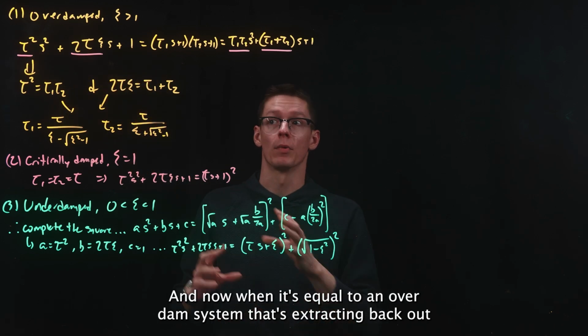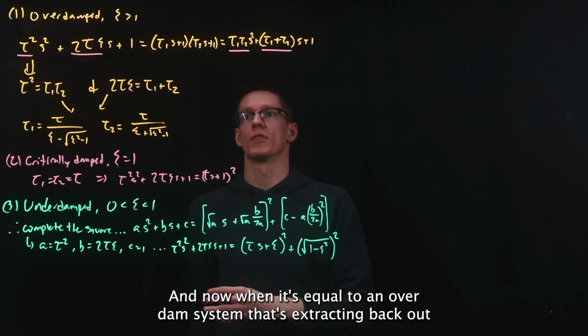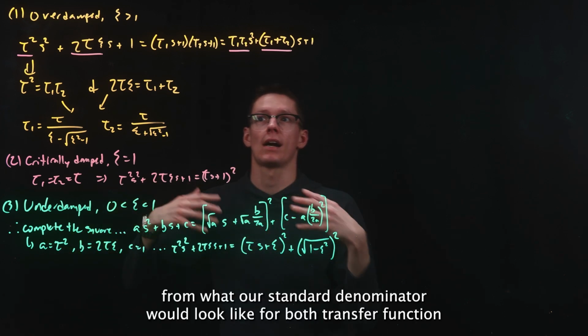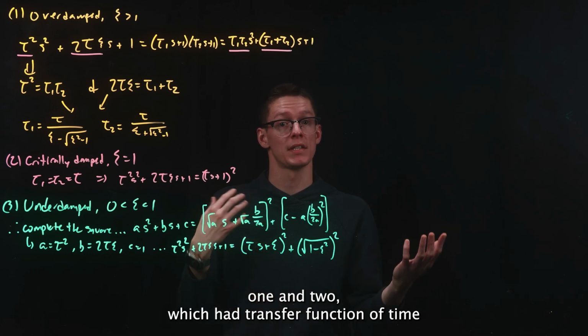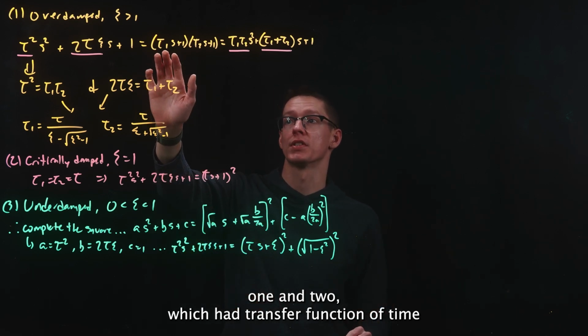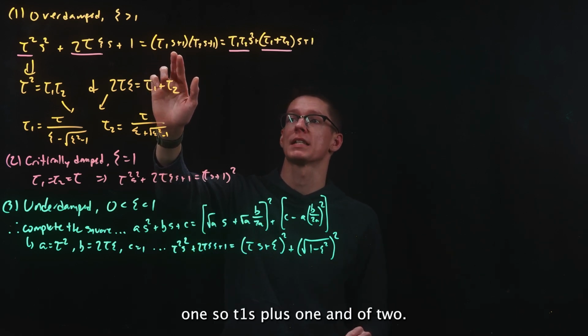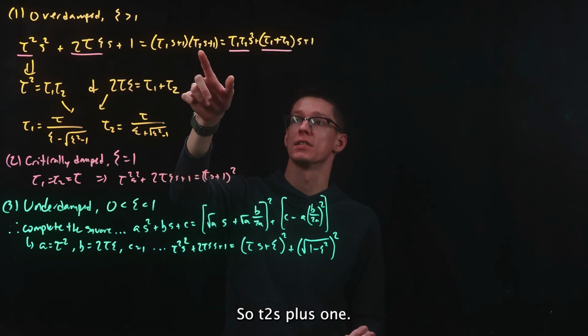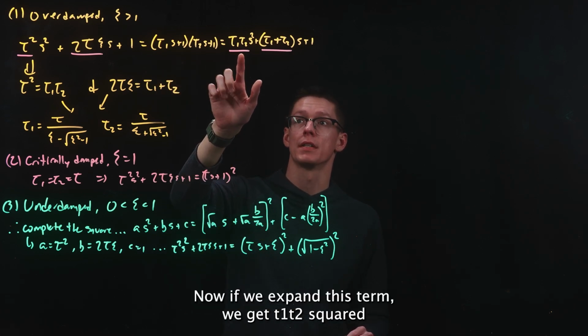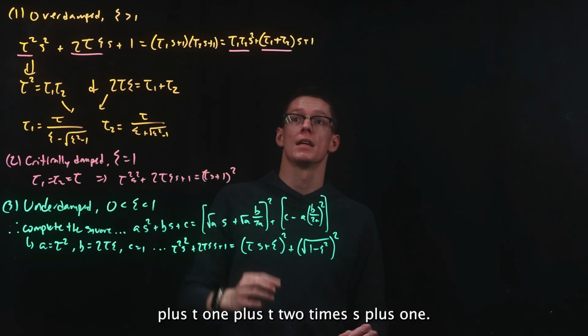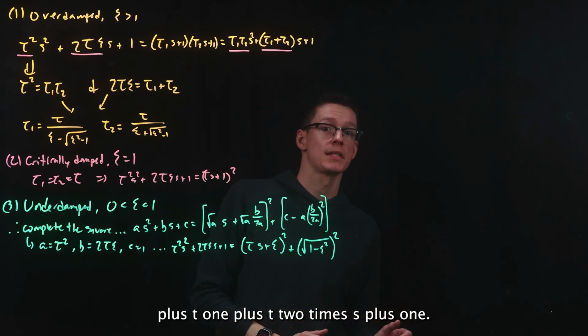And now when it's equal to an overdamped system, that's extracting back out from what our standard denominator would look like for both transfer function 1 and 2, which had time constants 1, so t1 s plus 1, and 2, so t2 s plus 1. Now if we expand this term, we get t1 t2 s squared plus (t1 plus t2) times s plus 1.